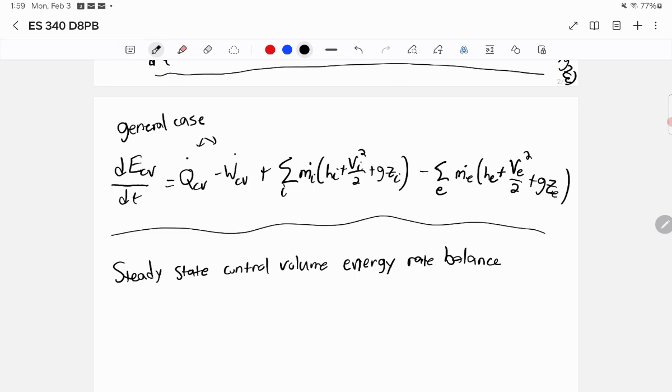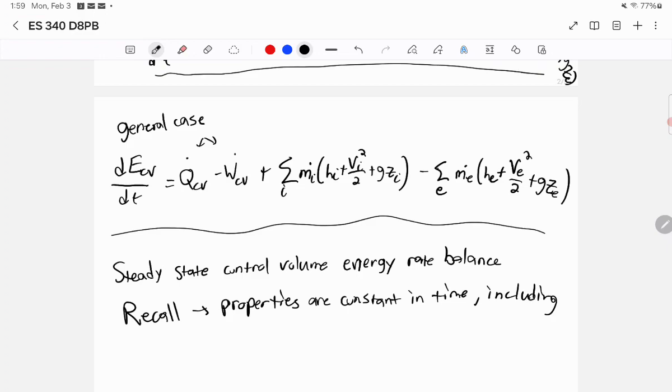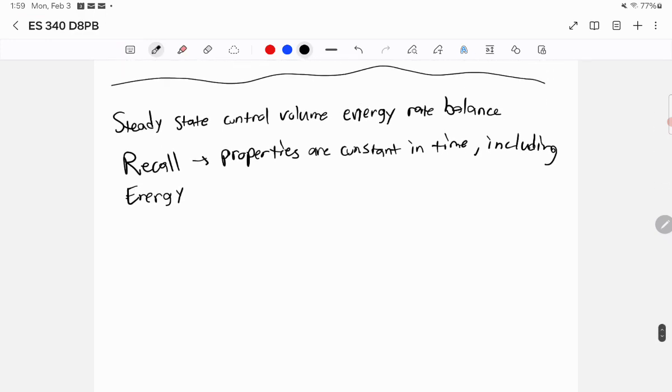In steady state, recall, and we're going to see this over and over again, properties are constant in time, including the energy, because energy is, of course, a property.